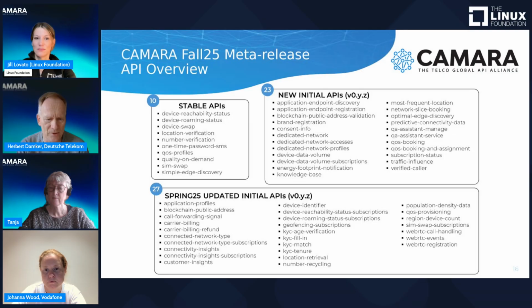Then we have the APIs which were already in the spring release and slightly updated, but they are on their journey to get stable. So you can rely on these APIs a little bit more already than on the new initial APIs, which typically have their 0.1.0 version in this meta release.